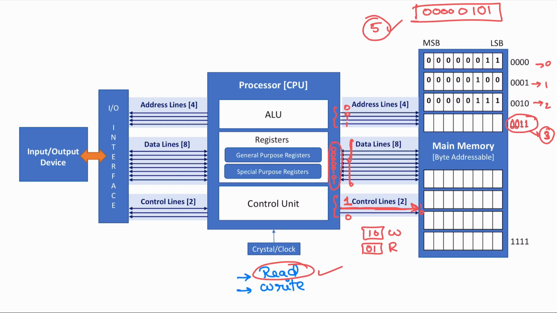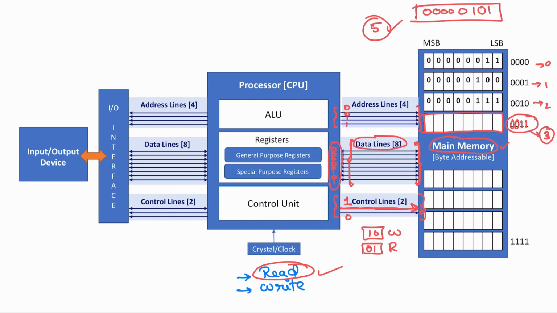And now main memory, after seeing the address line, knows that CPU wants to do something on this particular cell, and after seeing the control bus, it also knows that it has to listen on the data bus in order to write, because CPU wants to write the information it sends on the data line to this cell.